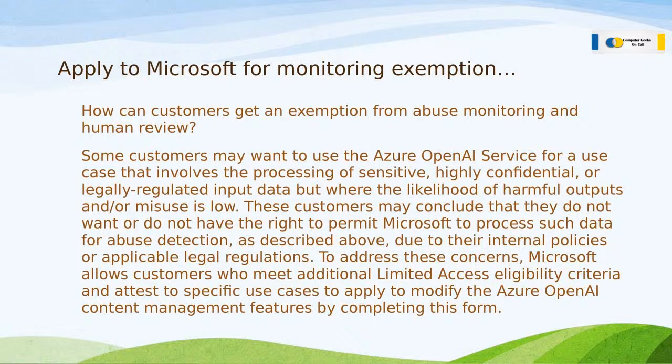So how can customers get an exemption from abuse monitoring and human review, which is kind of like the minimum? Well, you need to apply based on the rules they have here. On the website, there's a form where you can apply, and this would be for things that are sensitive, highly confidential, legally regulated, et cetera. But again, this is an application process.